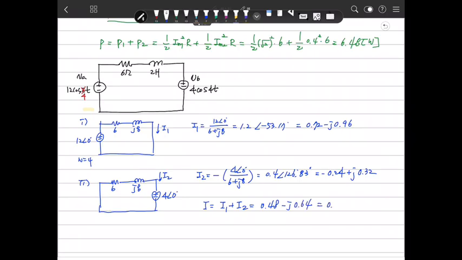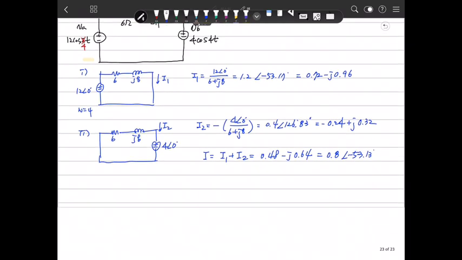So it will be 0.8, angle is minus 53.13 degrees. So what's the meaning of that? Then from there, you can calculate i(t) is i1(t) plus i2(t). It's a very complicated problem, but anyway, we can solve that.